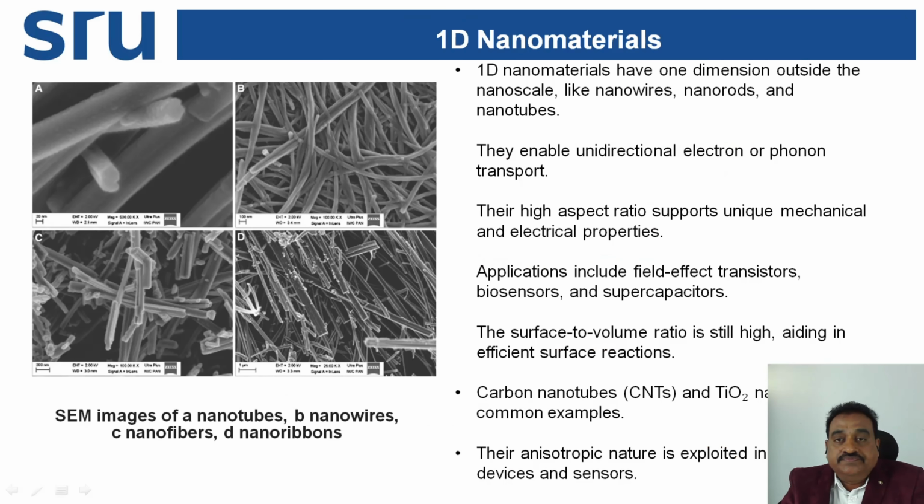Coming to the properties, one dimensional nanomaterials have one dimension outside the nanoscale, like nanowires, nanorods, and nanotubes. The same image of one dimensional nanomaterials can be observed here.